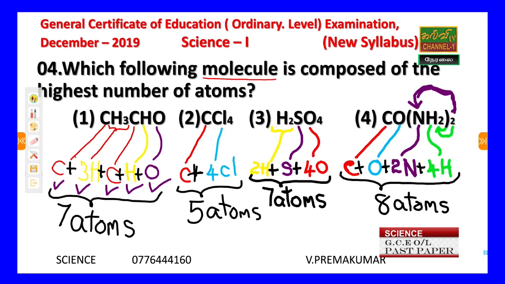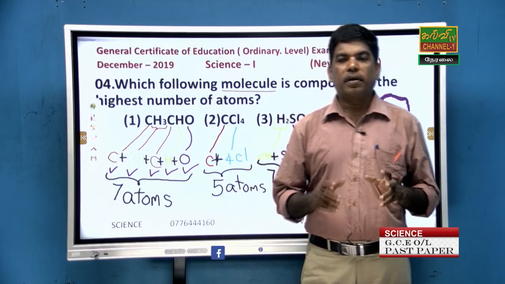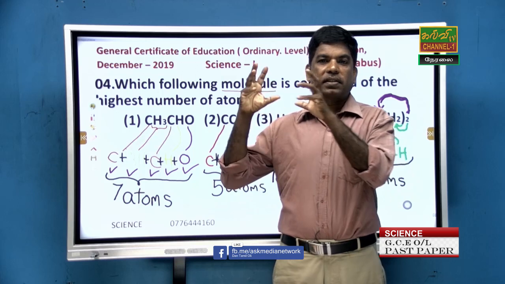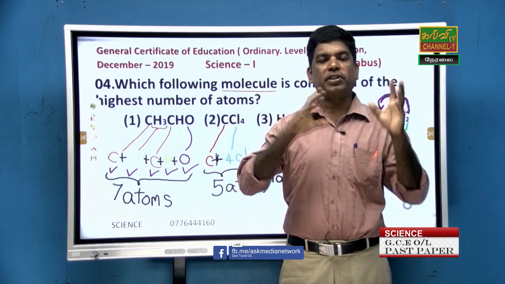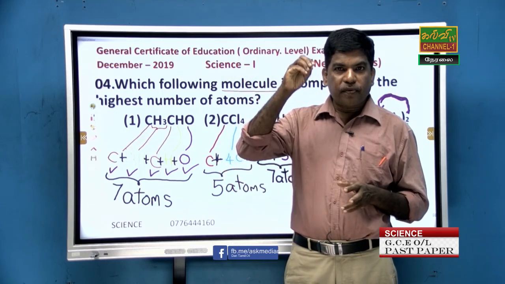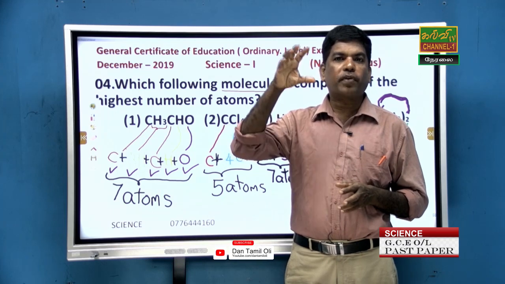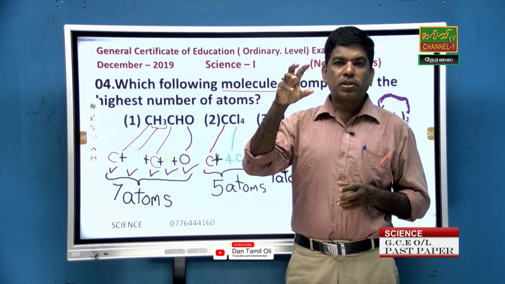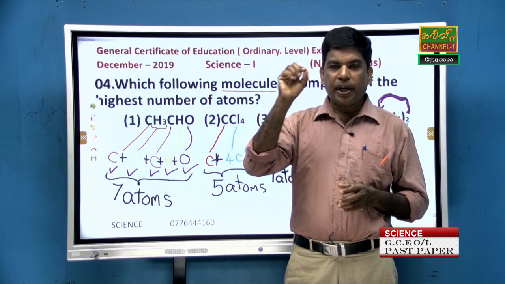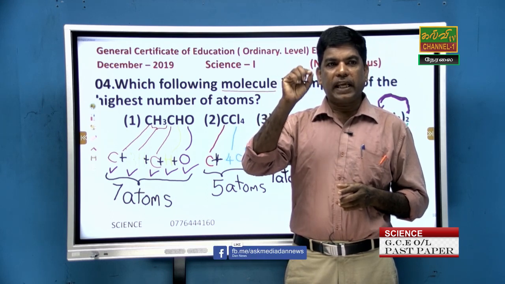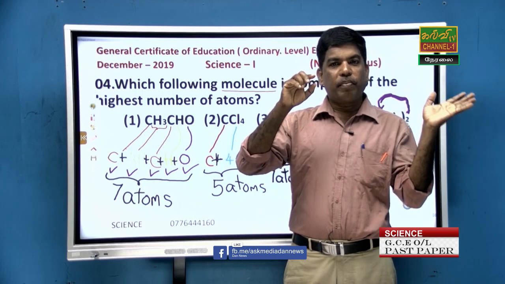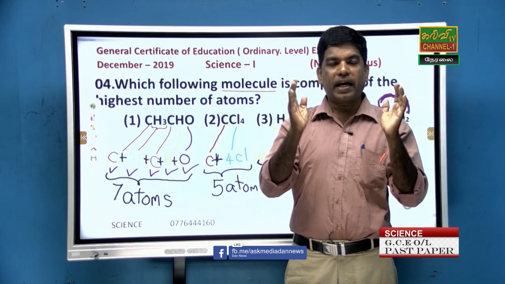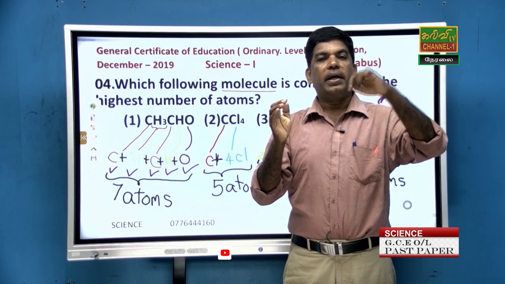So you can understand now, they have given 4 compounds. You have to find the number of atoms in each compound or molecule. When you count, you have to know the skill: when they have given brackets, you have to multiply and count.